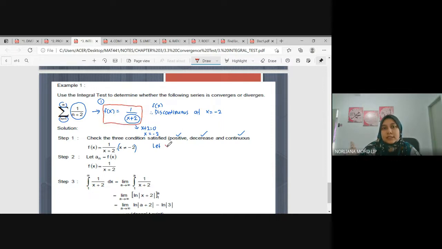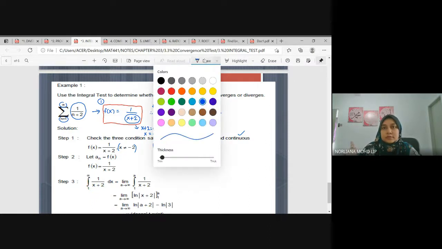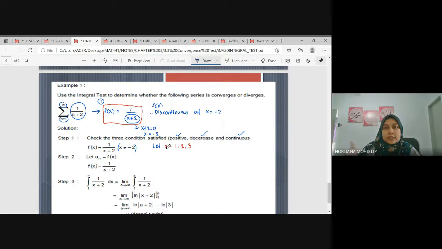Okay, let x equal to 1, 2, 3. Macam tu. Okay, when x equal to 1, so fx equal to 1 over 3. When x equal to 2, so fx equal to 1 over 4.